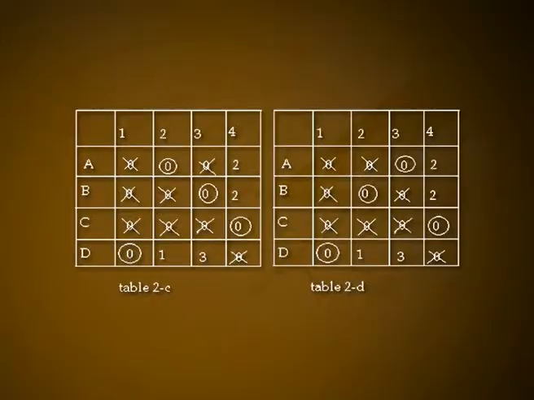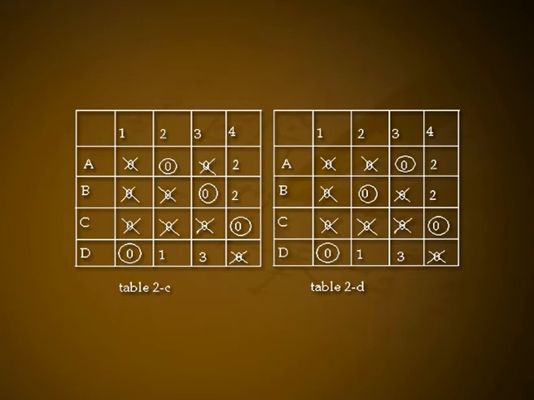Again we start with row 1 searching for 2 zeros and find this is the row with 2 unmarked zeros. We make an assignment at any one of these zeros and cross out other zeros of the corresponding column in which the assignment is made. See table 2C and table 2D.